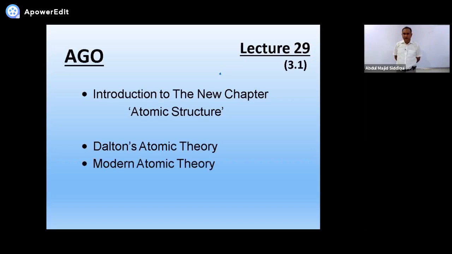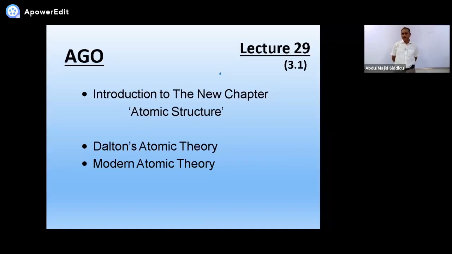Okay? Atomic Structure is your chapter number 3, and you can see that overall it's lecture number 21, and this chapter's first lecture. That's why I mentioned there 3.1, which means chapter number 3, lecture 1.